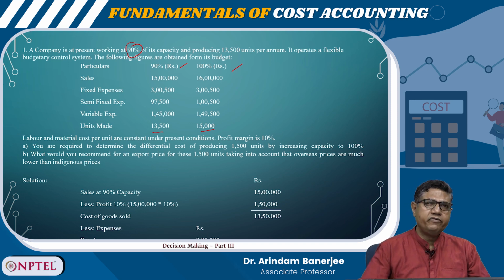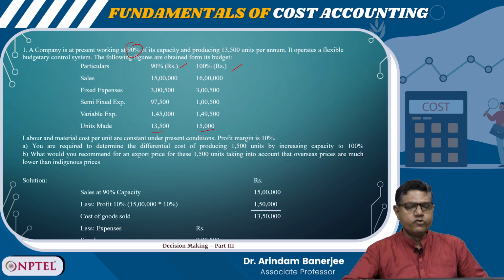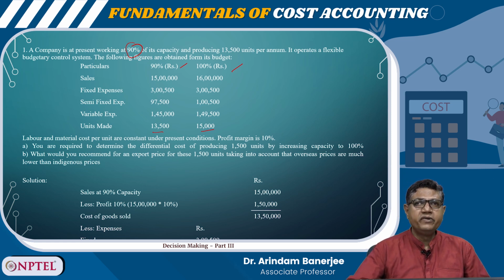So, if it produces an additional 1500 units, the question is what would be the differential cost, and if it is exported, what is the price we could recommend?